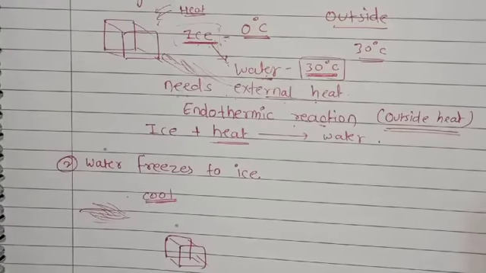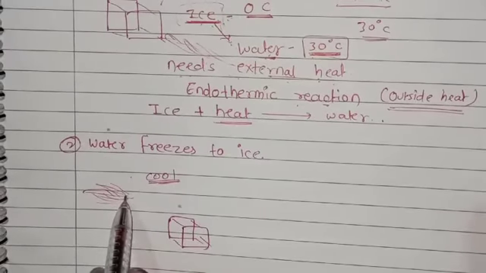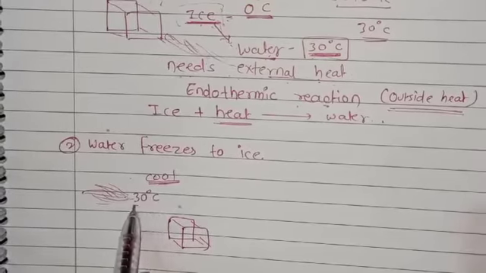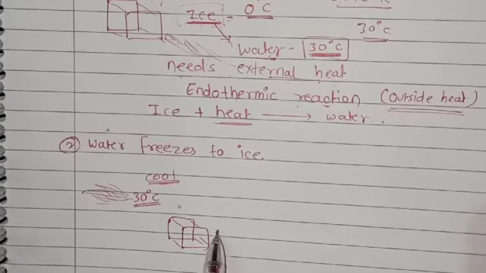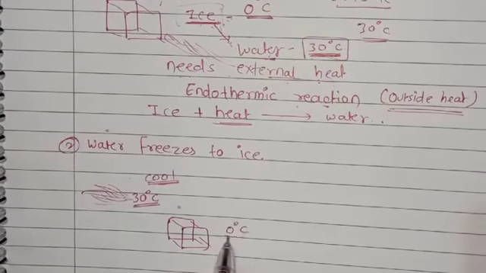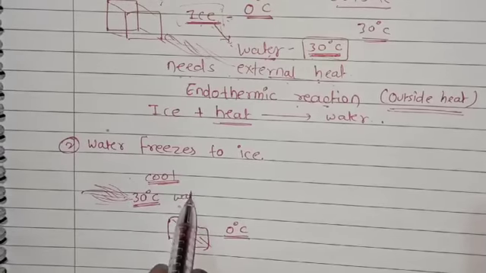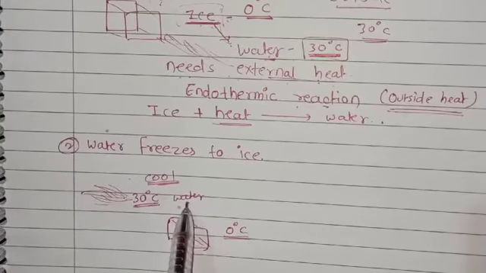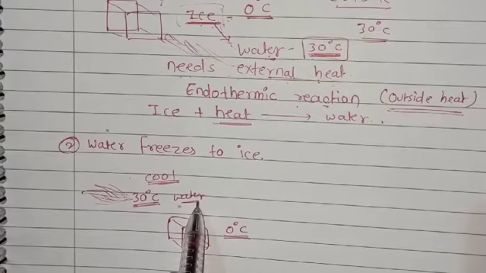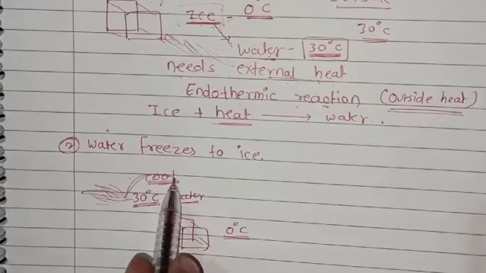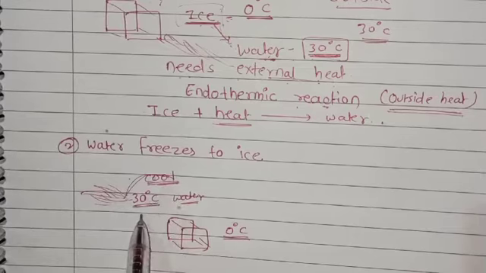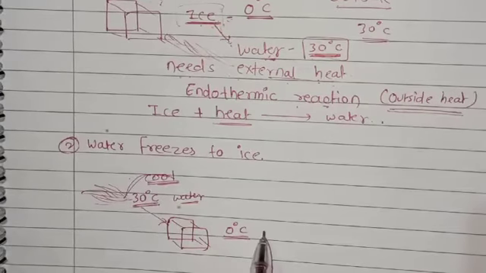Okay, so what will be the temperature of water? About 30 degree Celsius. What is the temperature of ice? That is 0 degree Celsius. Means at 30 degree Celsius the water loses its heat and becomes 0 degree Celsius ice.